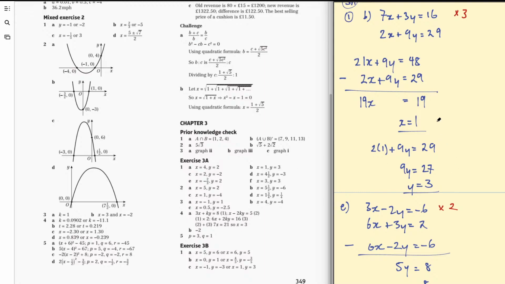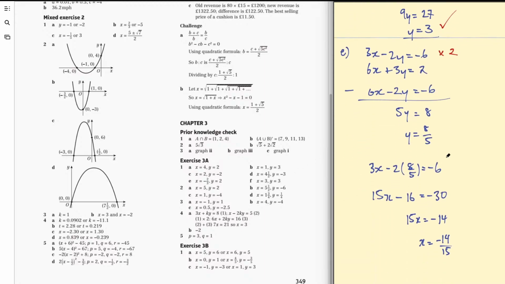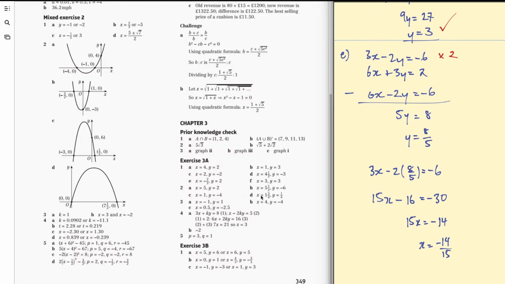So which ones did I do? B was 1, 3. And E was negative 2 on 3, 2. Oh, okay, so boom. That should be 4.